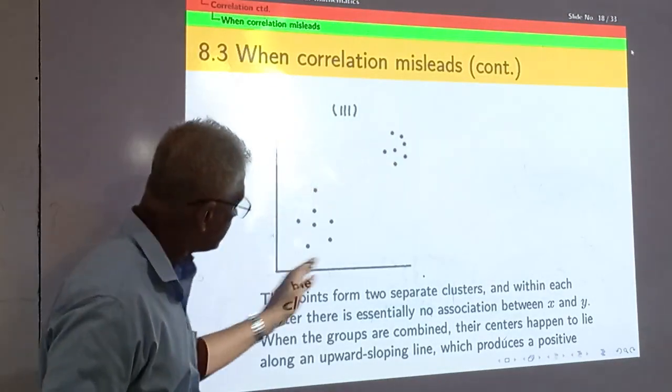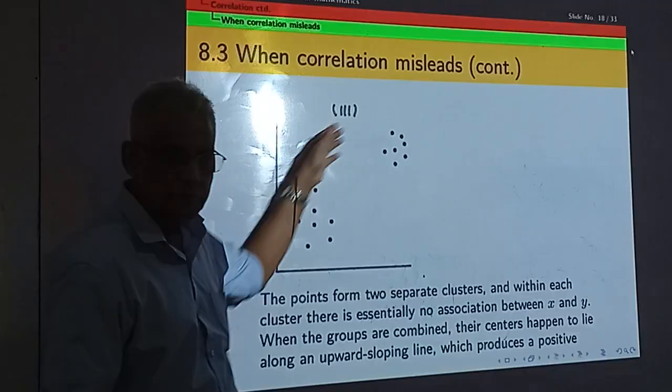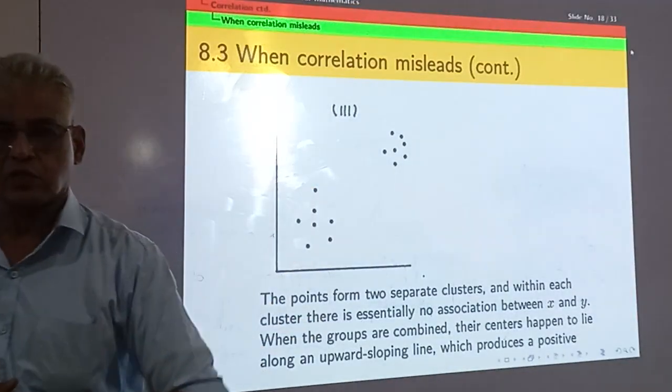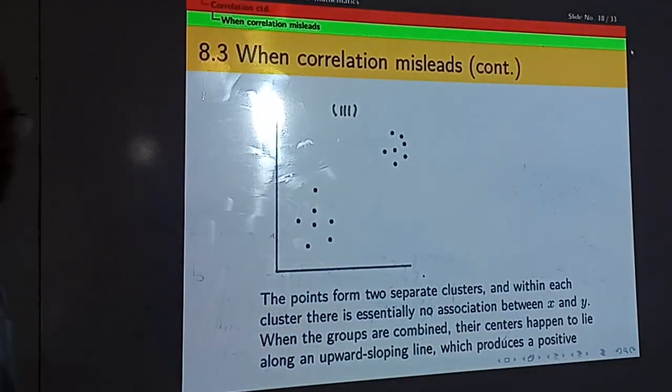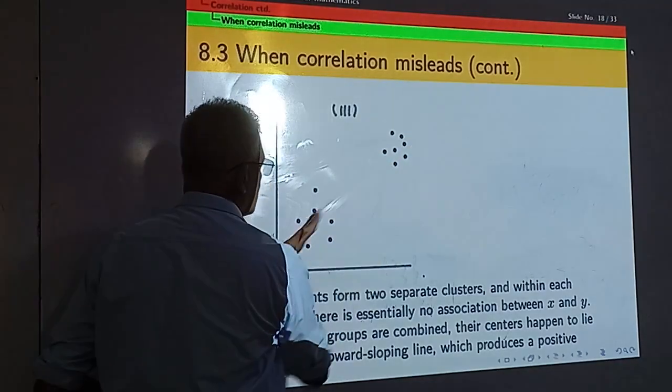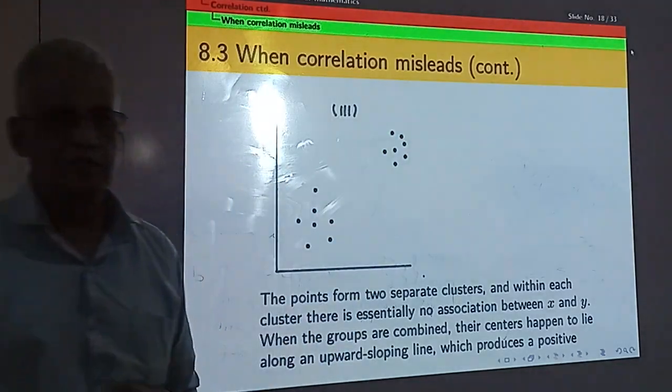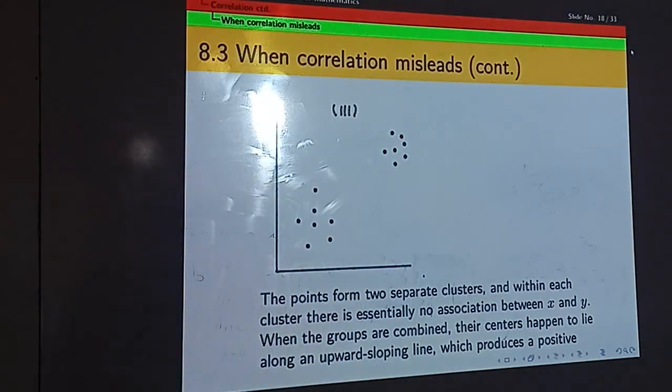If you consider all of this as one picture and calculate the correlation coefficient, it will give you a high value. If you interpret that value as a strong positive linear relationship, that is actually a wrong interpretation.